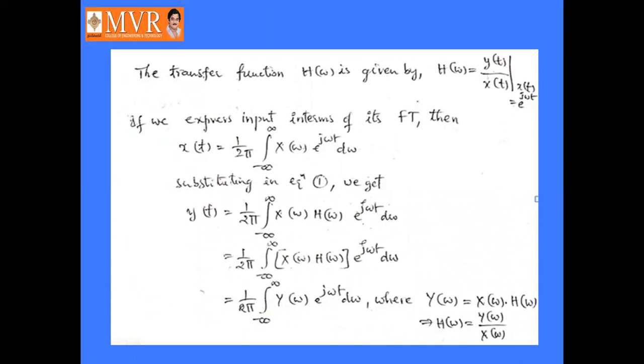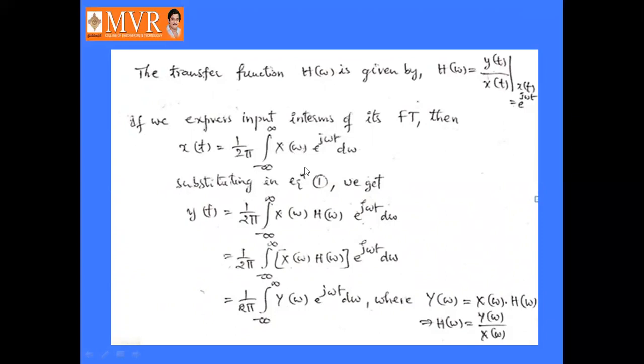So if we express the input in terms of its Fourier transform, what is the input here? E power j omega t. So in terms of Fourier transform, x of t is equal to x. How to find x of t? By taking the inverse Fourier transform of x of omega, that is 1 by 2 pi into the integral from minus infinity to infinity of x of omega into e power plus j omega t d omega, right?